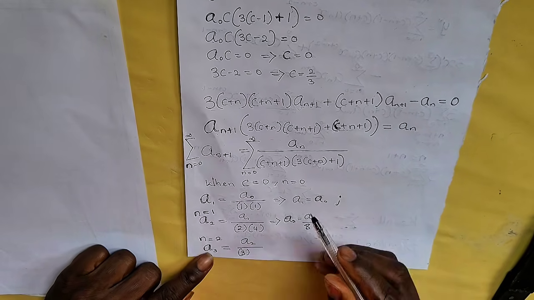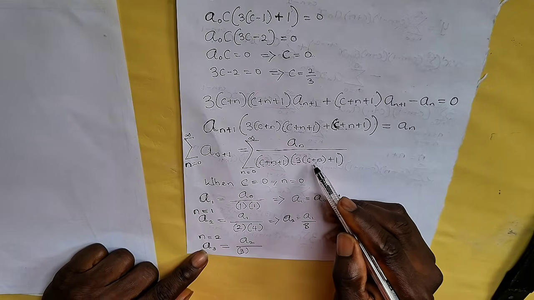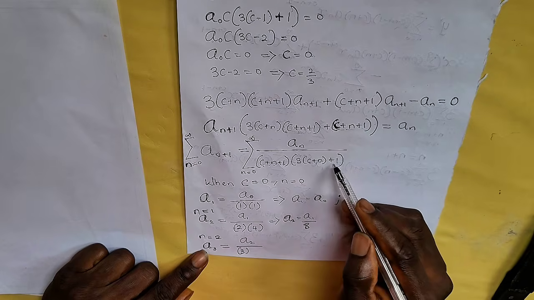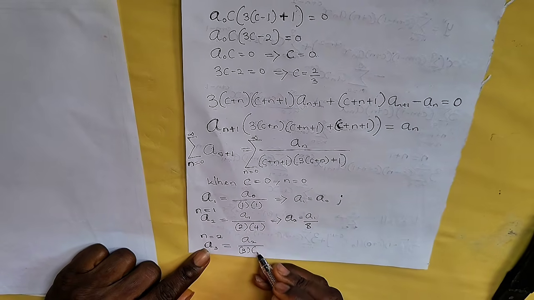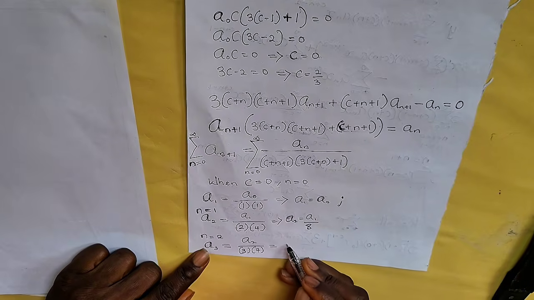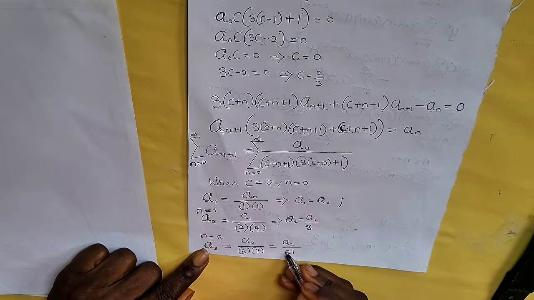What will I have? This is 3, right? Okay, this is 0 plus 2. That's 2. 2 times 3, 6, plus 1, that's 7. So I have 7 here. Okay, so what will I have? I will have a2 over 21.